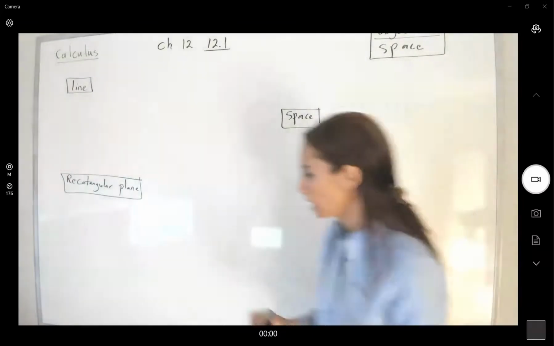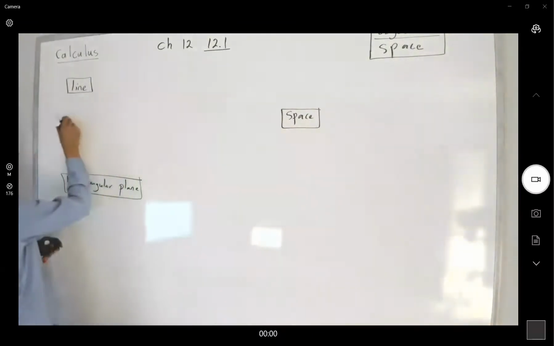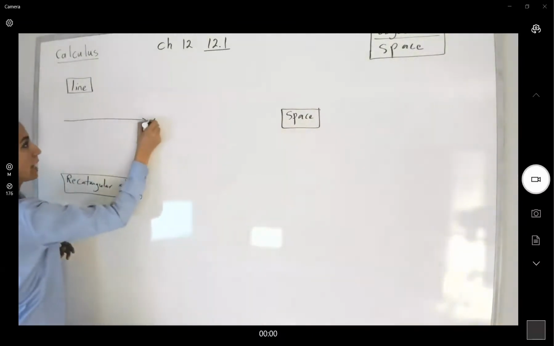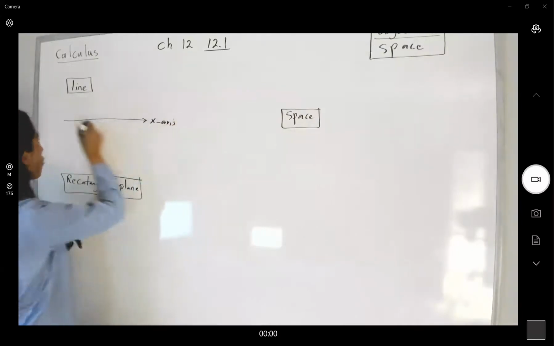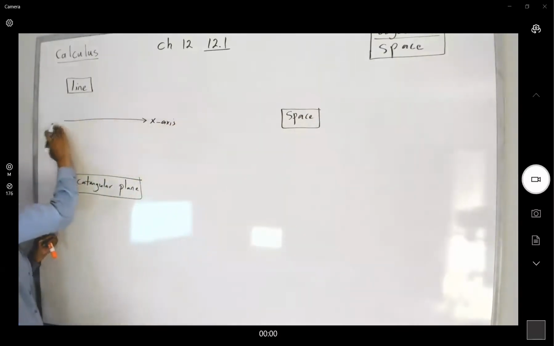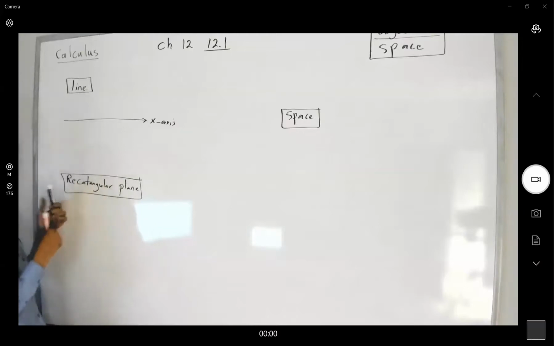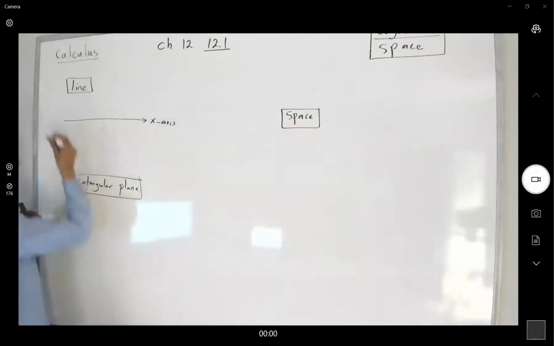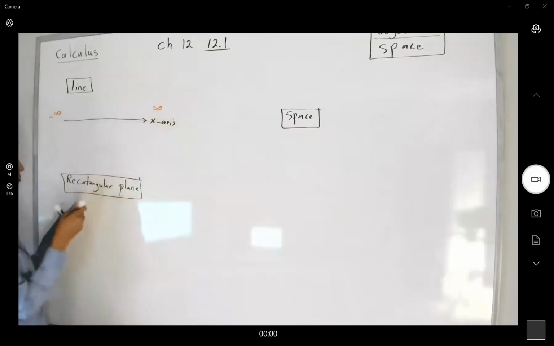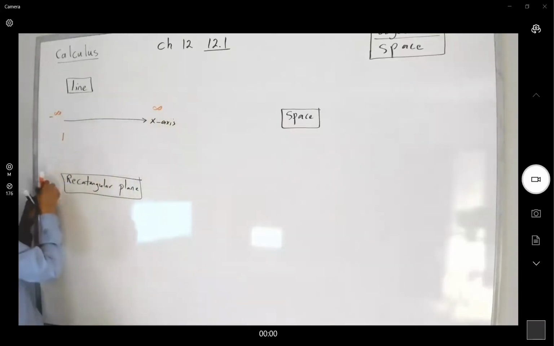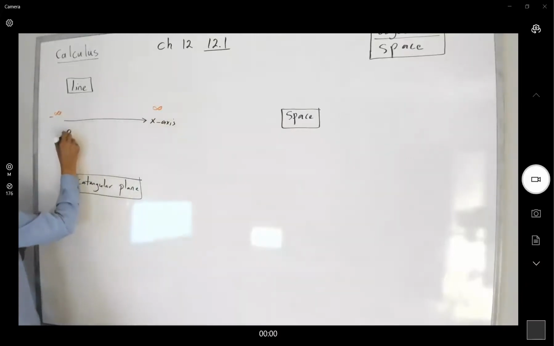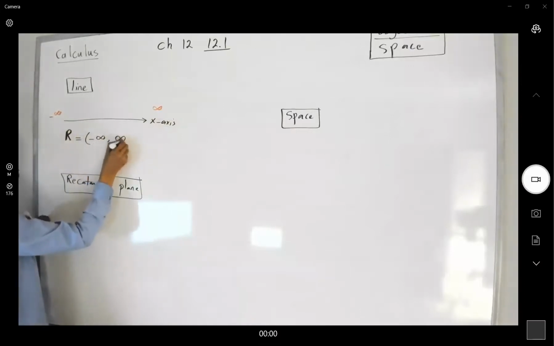So when we have a line, this is our x-axis, or we have negative infinity to positive infinity. We have just one dimension. We say that R is equal to the real line, or the bolded letter R is equal to negative infinity to positive infinity.